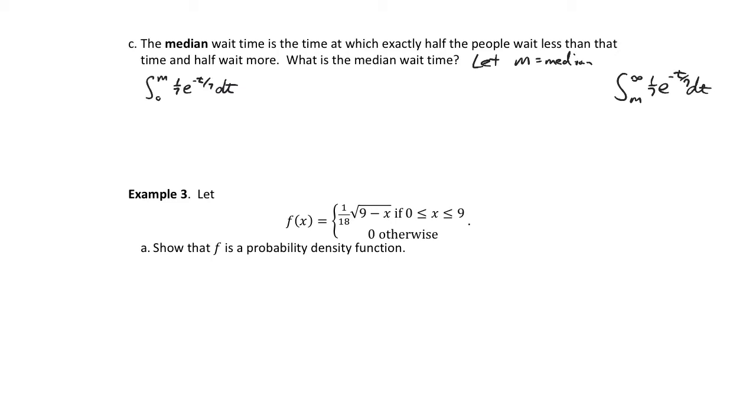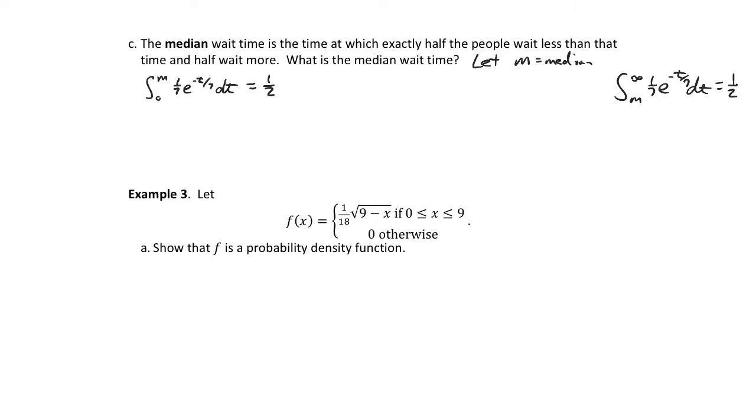But then I'm dealing with an improper integral, and I don't really like to do those. So this should be equal to 1/2, as should the improper integral. So we'll go ahead and evaluate the integral. We've already done it a few times. We'll go ahead and evaluate the integral and then solve for m.